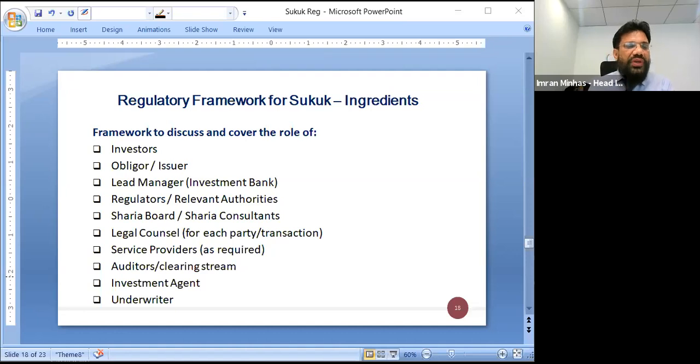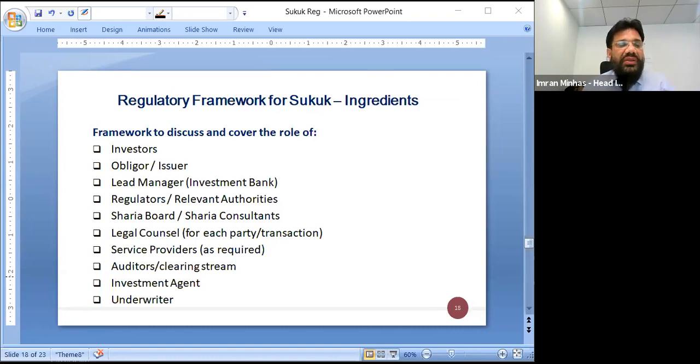How can they be removed? For what period can they be appointed, and in case of dispute, how can these disputes be settled? What will be the role of the regulator? And if the regulator has its own Sharia board, then the authority must be given to that board to resolve national level issues. So that needs to be put in place for entering into this Islamic market.